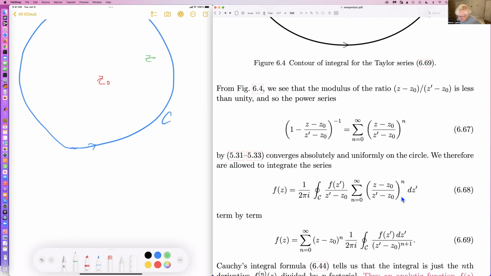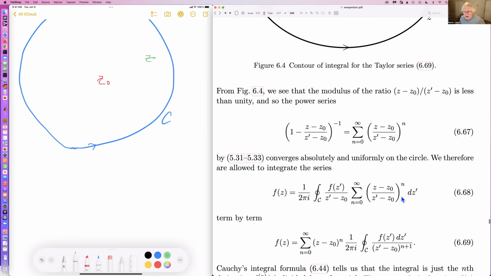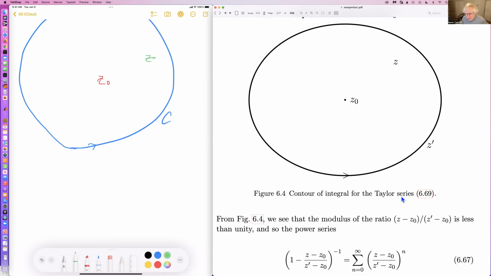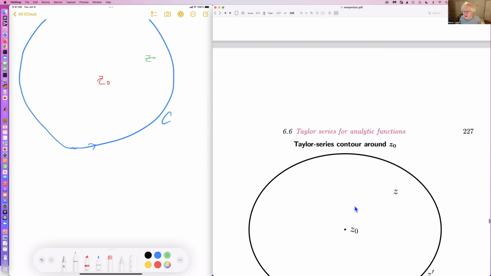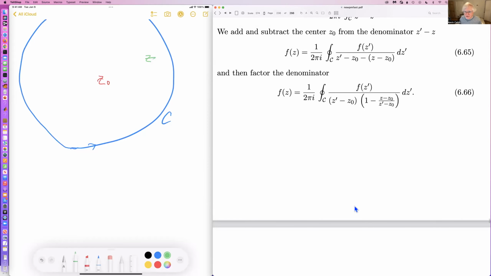Well, the point is that we can then write this factor here.